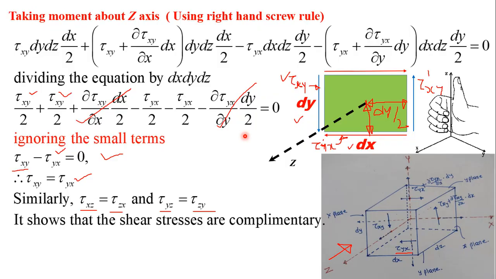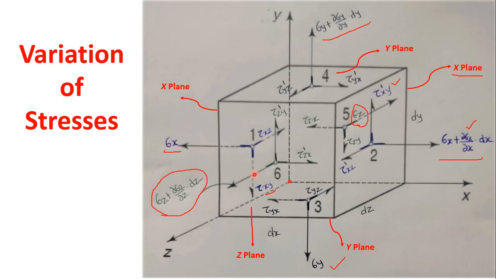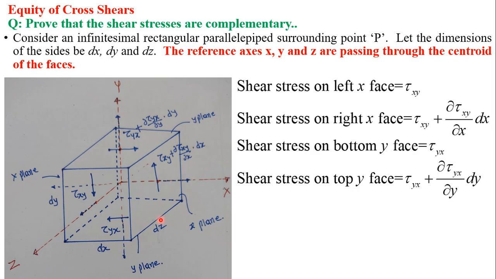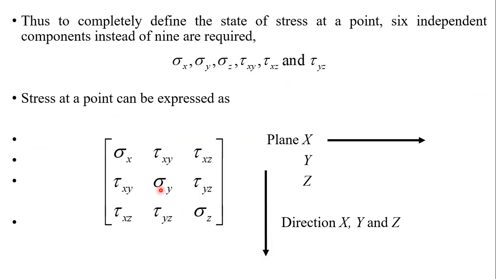What we have studied in the first slide, we need 9 components. Now these 9 components are reduced to 6 components, namely sigma x, sigma y, sigma z, tau xy, tau xz and tau yz. There is no tau yx, no tau zx and no tau zy because of the relationship.